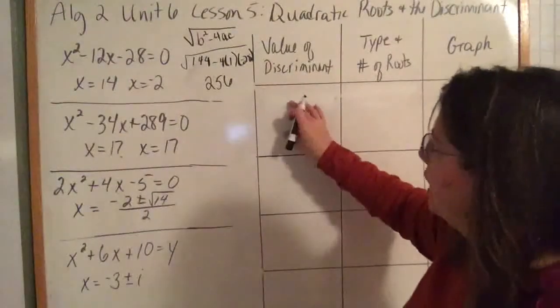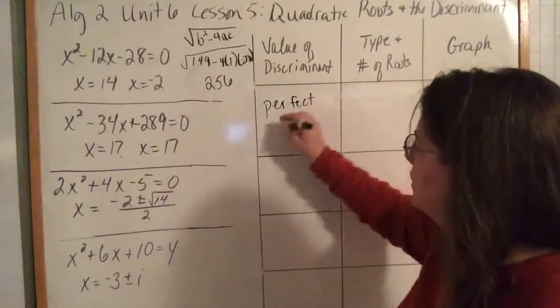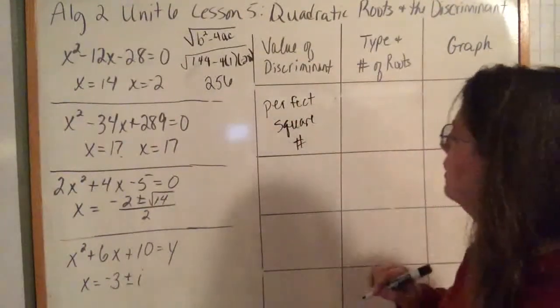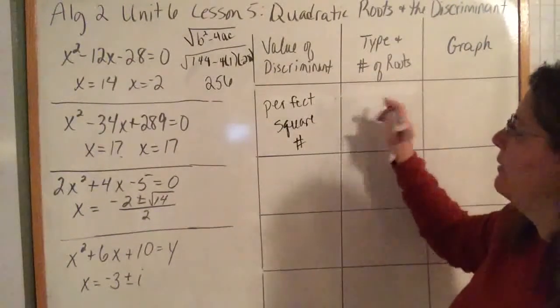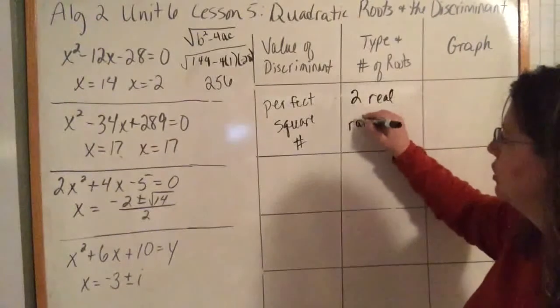So if the value of the discriminant is a perfect square number, then the type of roots we're going to have are two real rational roots.